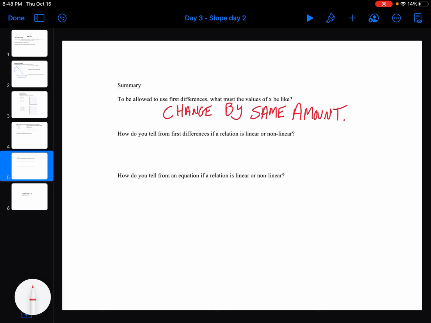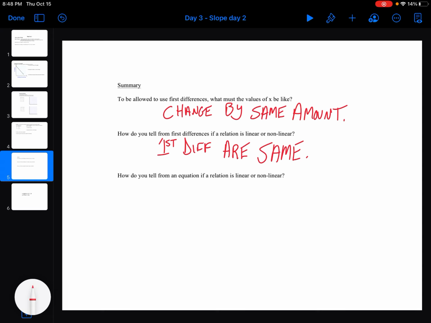If the first differences are the same. And when we're talking about first differences, we're only considering the y's. We can't actually find first differences if the x's aren't going up by the same value. If the x's are going up by a different value, we can't look at the y values.